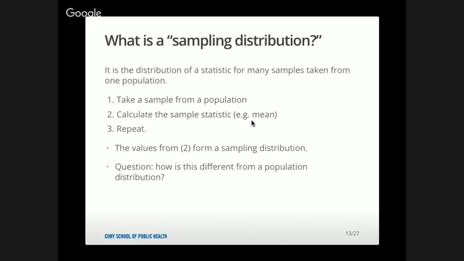It is affected by individuals in the population, but it's a property of groups. So that's a very important thing to understand about sampling distributions: for the statistics that you will use, sampling distributions are about average properties. It's just about the average.